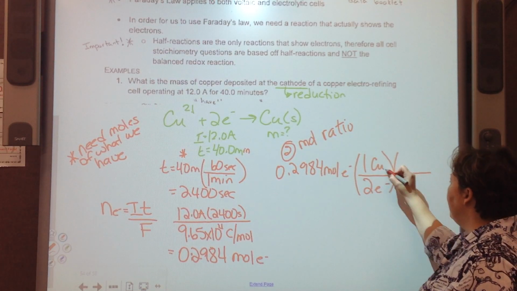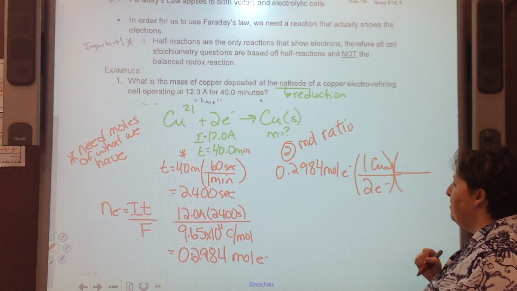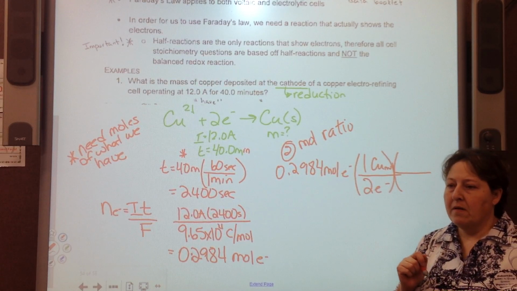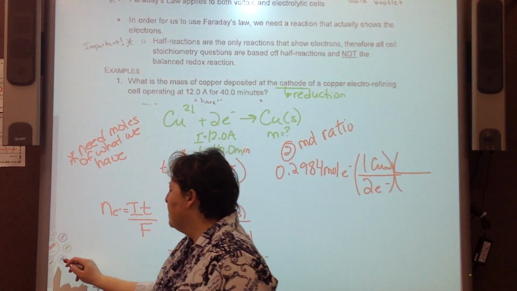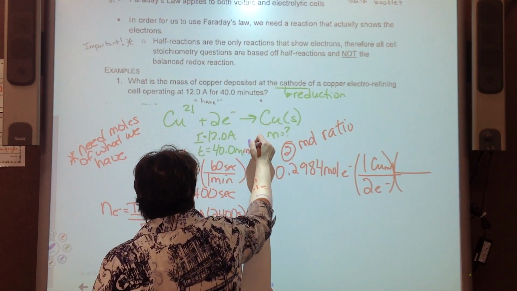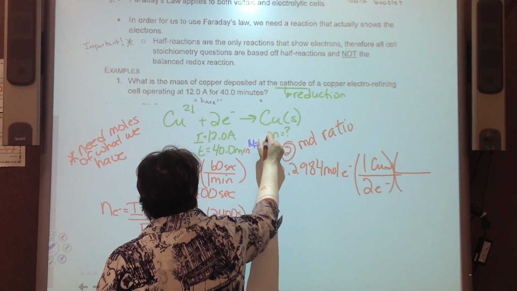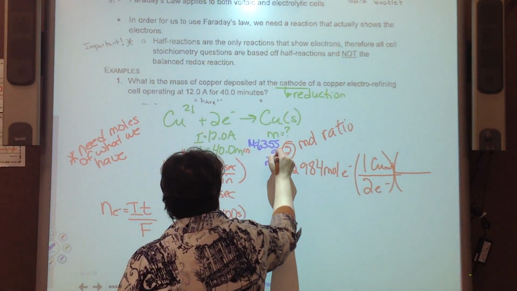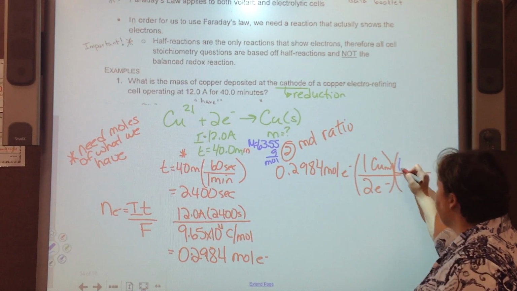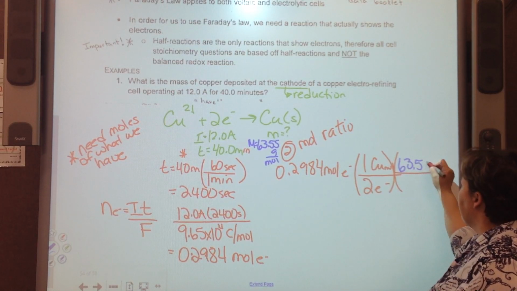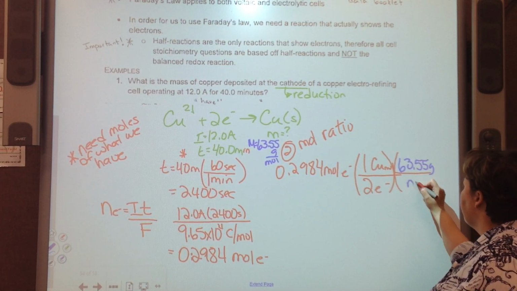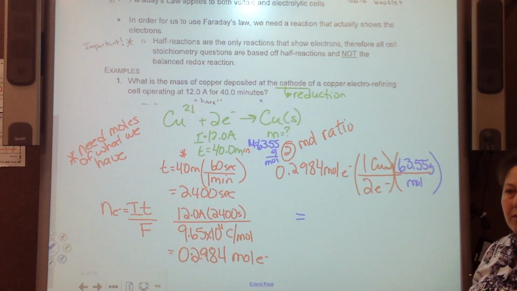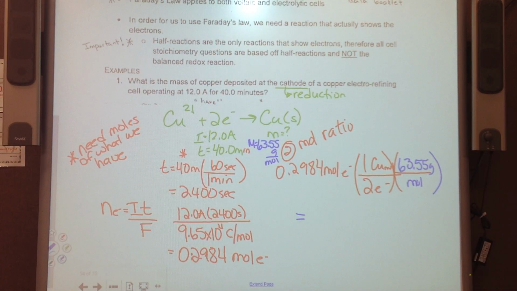And now that we have moles of copper, how do we get to grams of copper? Molar mass. And the molar mass of copper is? 63.55. And we get what for mass?